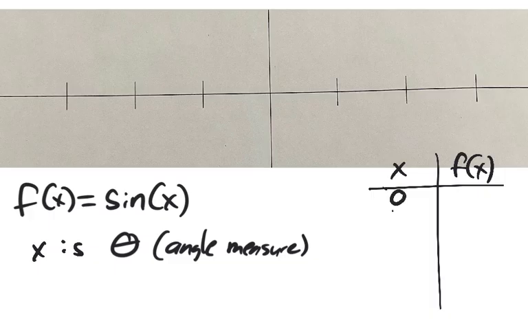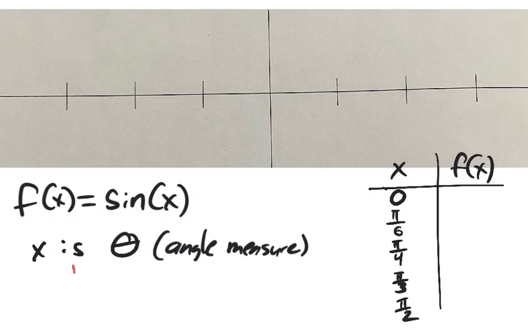So we could plug in 0 radians. We could plug in pi over 6, pi over 4, pi over 3, pi over 2. Okay, so what is sine of 0?